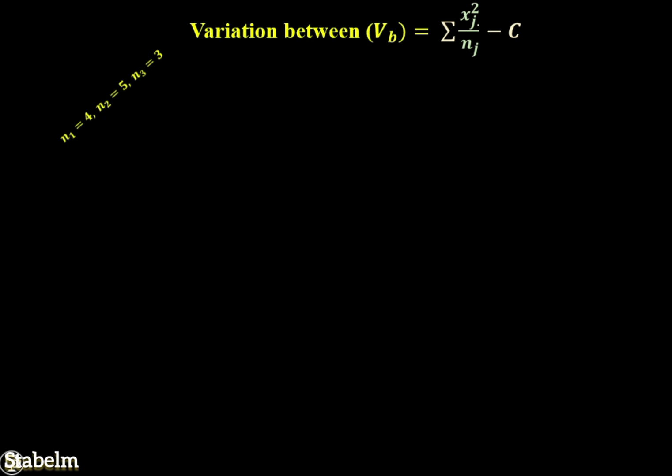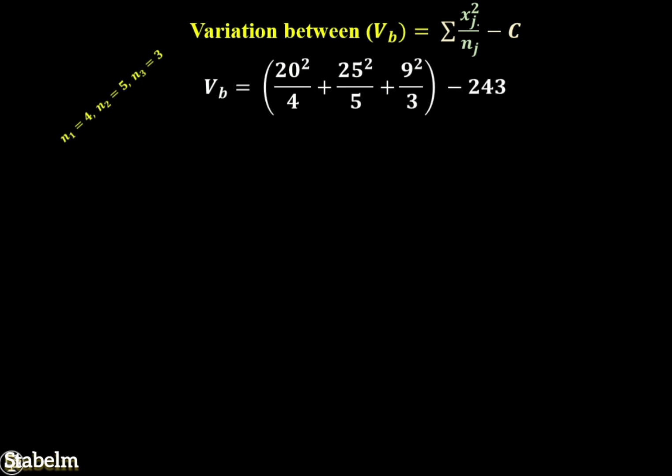Then the second group total is 25, and the third group total is 9. So we're now going to square it, divided by the corresponding total number of observations here. So we have VB equal to 20 square over 4 plus 25 square over 5 plus 9 square over 3 minus 243, which is our correction factor.